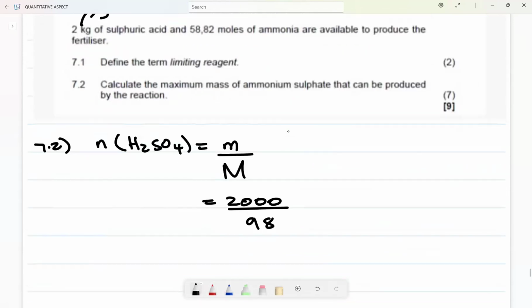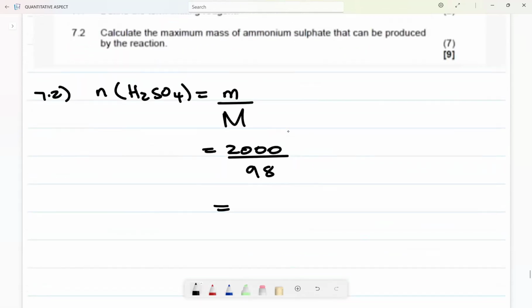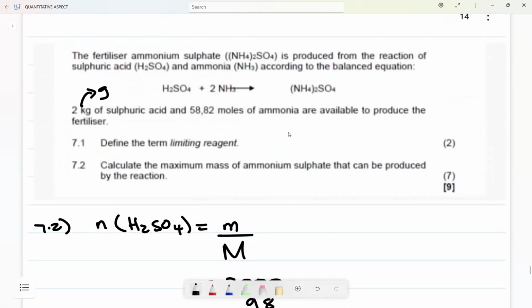Then 2,000 divided by 98, I get 20.408, or let me just say 20.41 moles. I do not like rounding before the final answer, but it's fine.